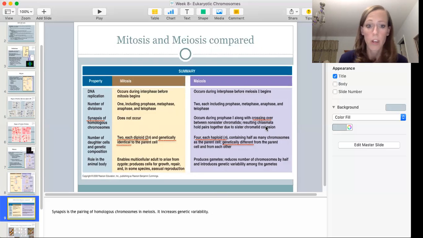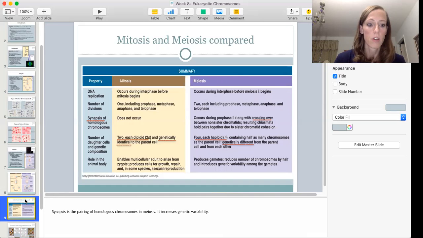Okay. All right, and then obviously very important is that the daughter cells of meiosis are all haploid. There's 4, they're all haploid. And the daughter cells of mitosis, there's 2, and they're all diploid. And they're genetically identical to the parent cell.